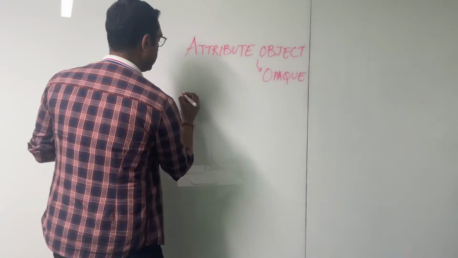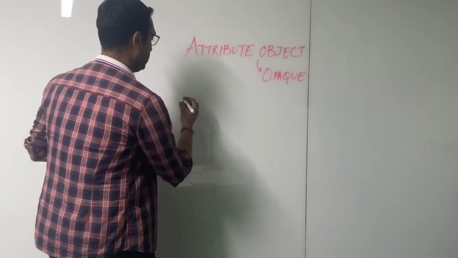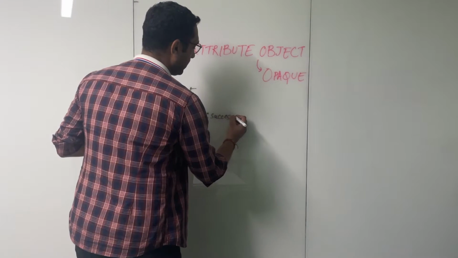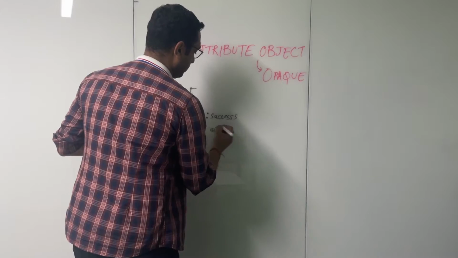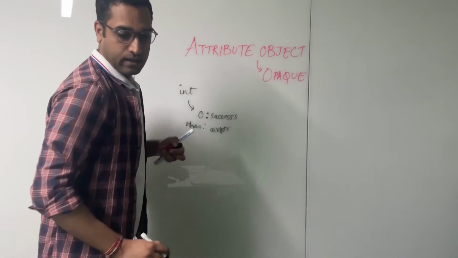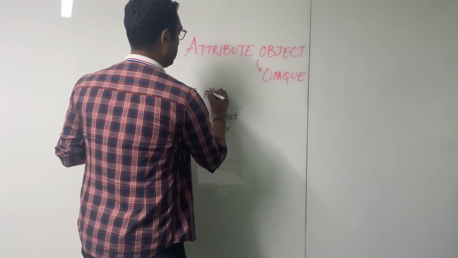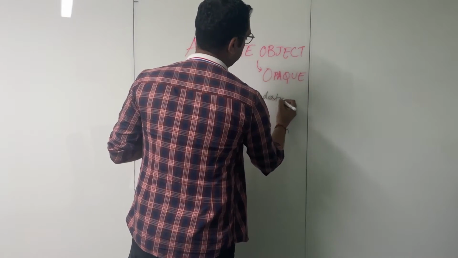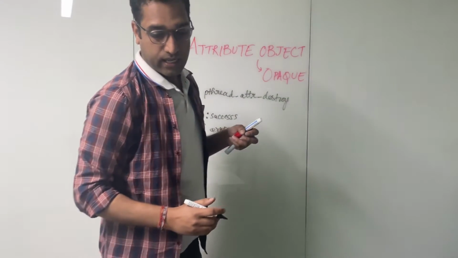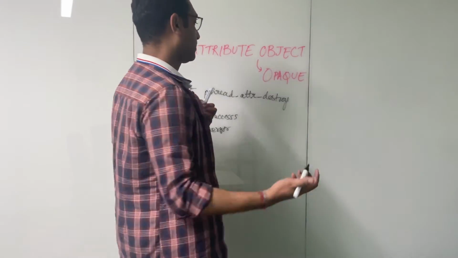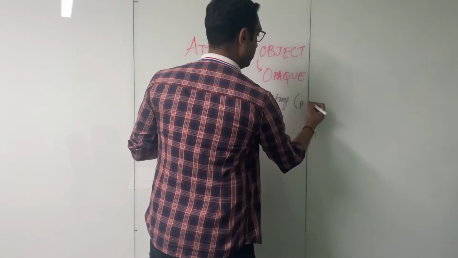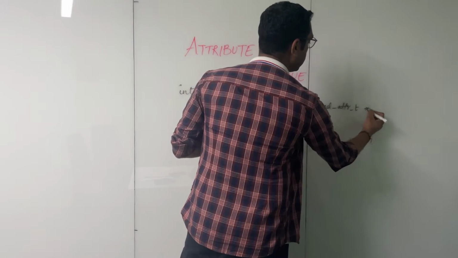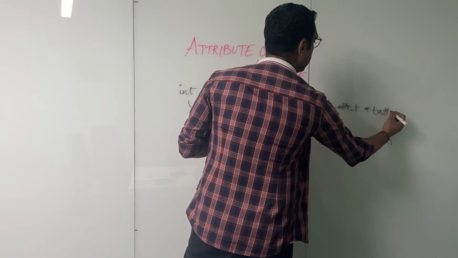The function goes something like this: the return type is int, which if it returns 0 means success, any other value means error. pthread_attr_destroy, and it takes an attr object, of course, pthread_attr_t *tattr.